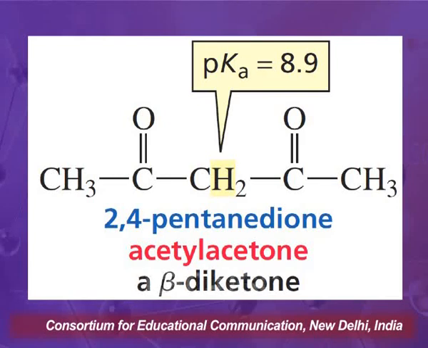That is, it is even more acidic than a compound from an ordinary aldehyde or a ketone. So in 2,4-pentane dione, the methylene group is sandwiched between two acetyl groups. Therefore, the pKa is 8.9.